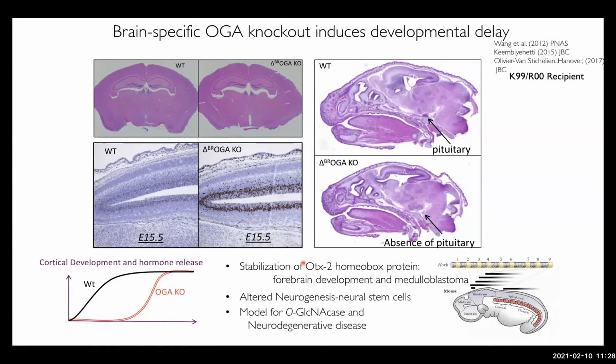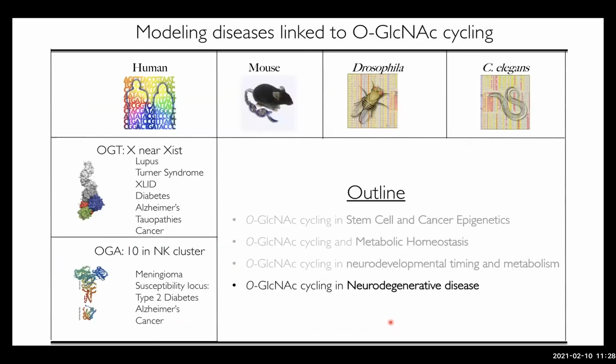We think due to the destabilization of OTX2, a homeobox protein associated with the forebrain in mice. There's also altered neurogenesis, and we've exploited this model for looking at the role of O-GlcNAc in neurodegenerative disease.